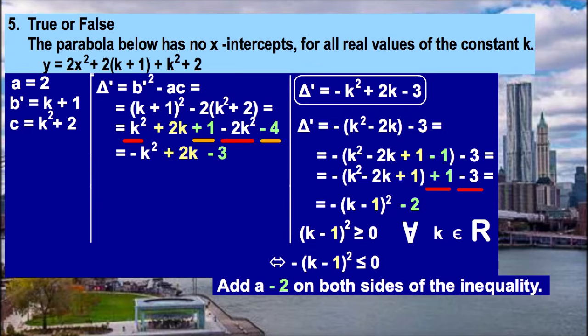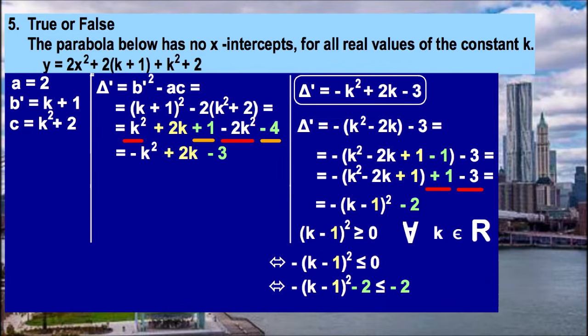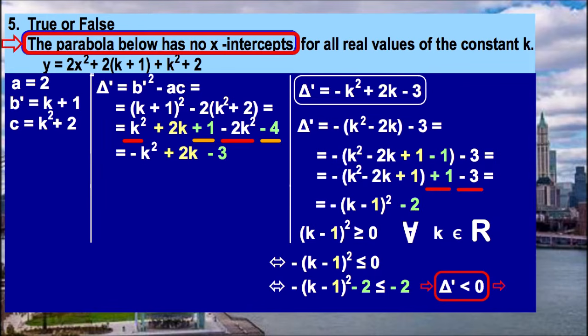Now, let's add negative 2 on both sides of the inequality. Negative the quantity k minus 1, everything squared, minus 2 is less than or equal to negative 2. Thus, discriminant prime is always less than 0. Thus, the parabola has no x-intercepts.